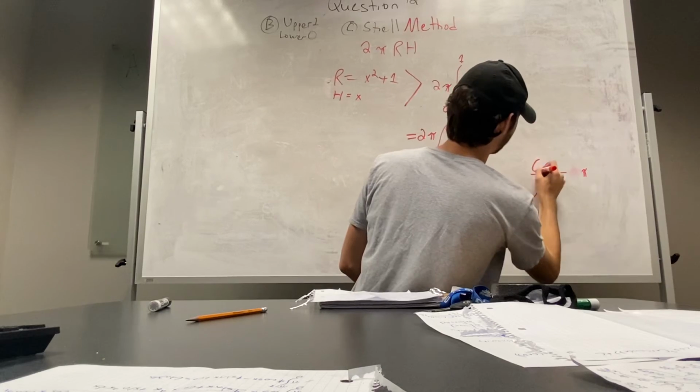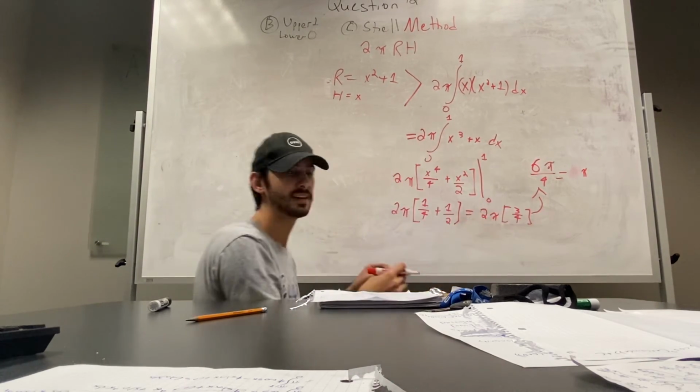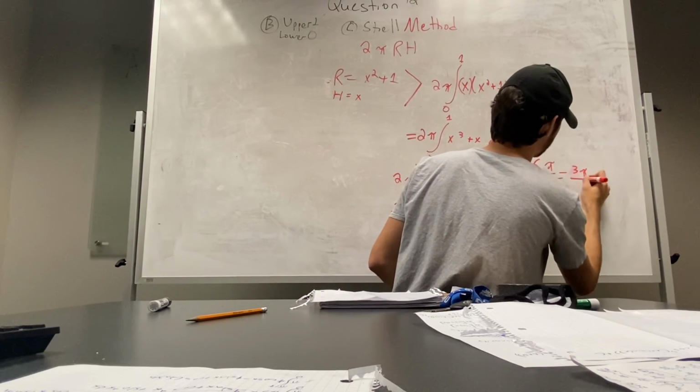We're going to have 6 pi over 4 instead of 8 pi over 4, my apologies. 2 times 3 is 6. And that's going to give us an answer of 3 pi over 2.